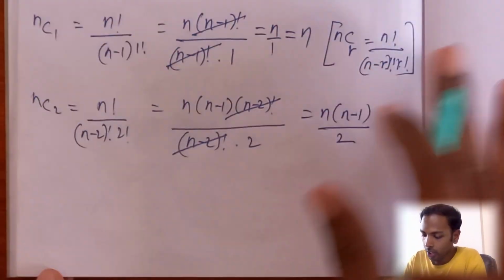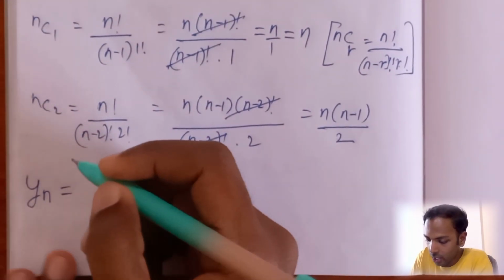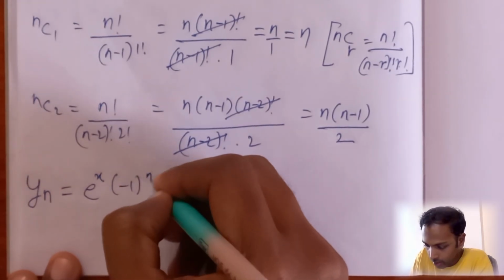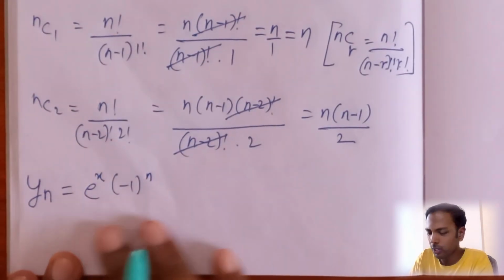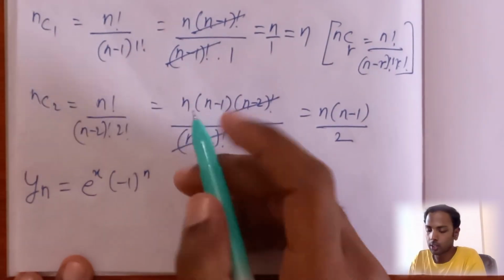Find the nth derivative. Putting all the data that we have calculated into the expression, we'll finally get yn as e to the power x. I'm not going to spend much time explaining this step because I'm just substituting, so there's no need of explanation.